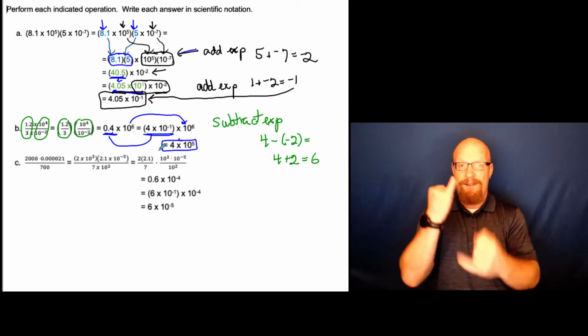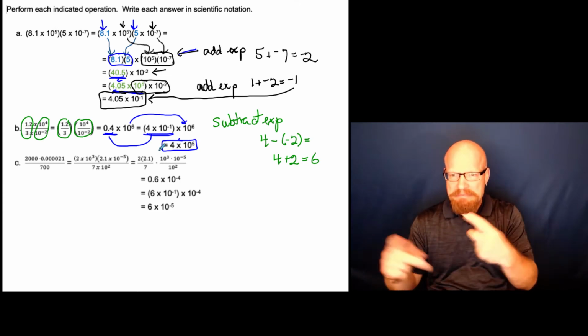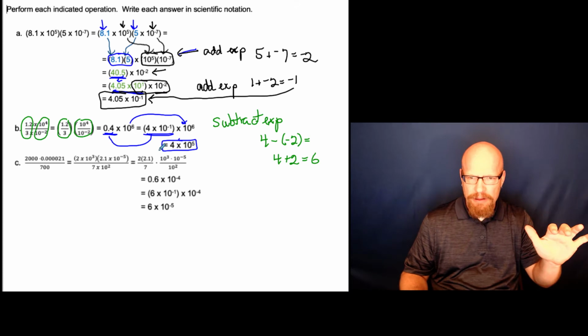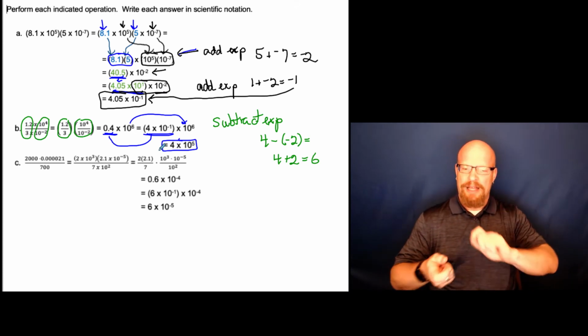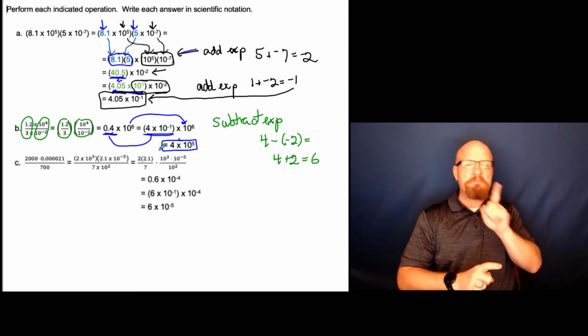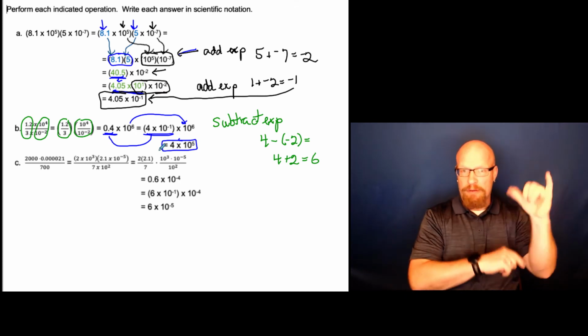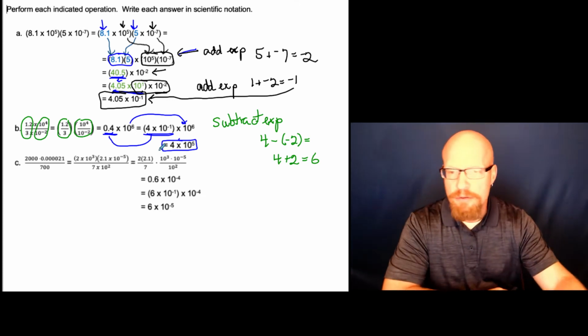Now, our third example has already been worked out for us. If we have large numbers like 2,000 times 0.000021 divided by 700, you can convert it to scientific notation, and it makes the calculations easier instead of trying to figure all these numbers and risking a mistake.